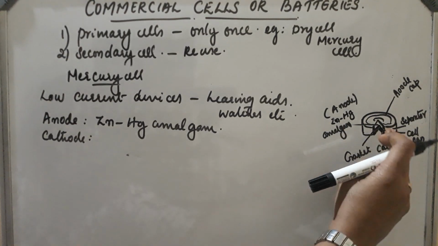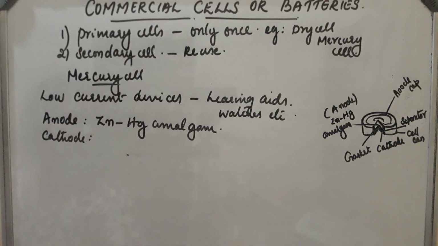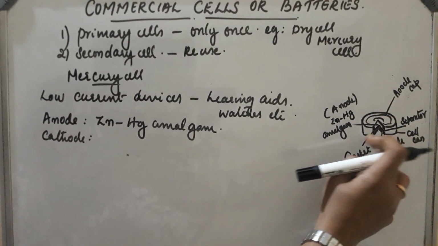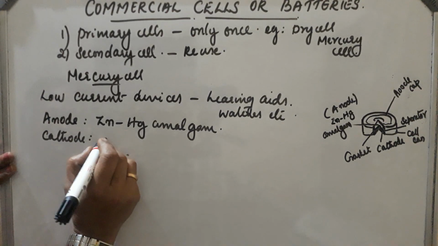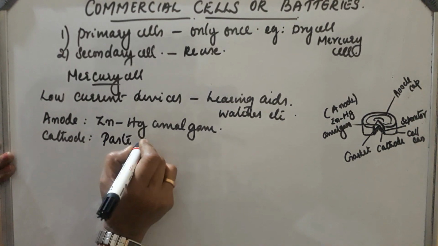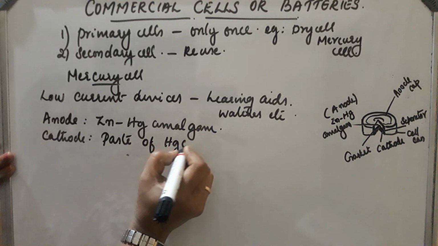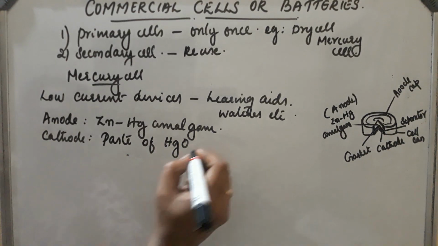There is a separator in between the cathode and anode. This is the cell can, the gasket, and there is an anode cap. So the anode is zinc mercury amalgam, and the cathode is a paste of mercury oxide and carbon.